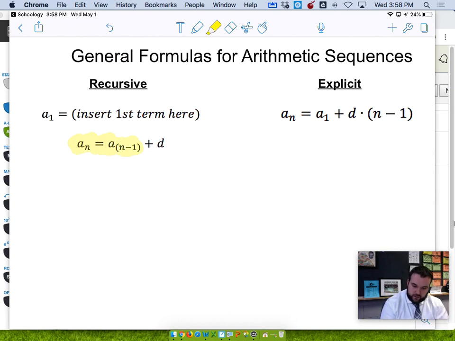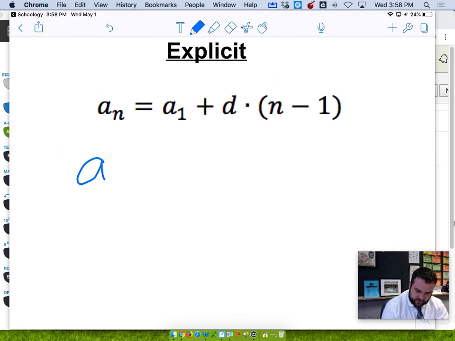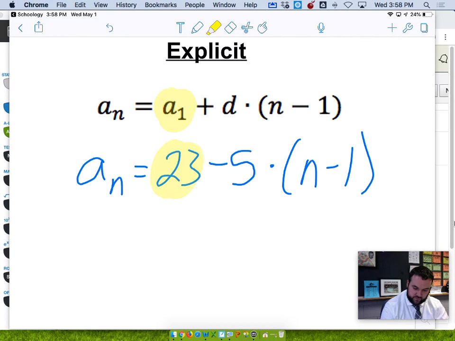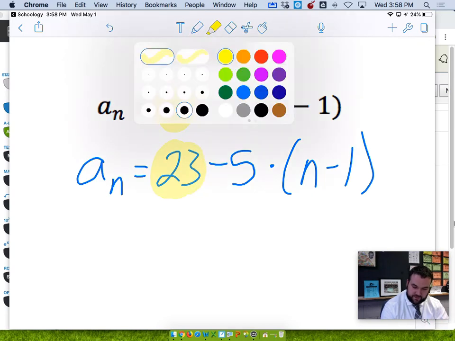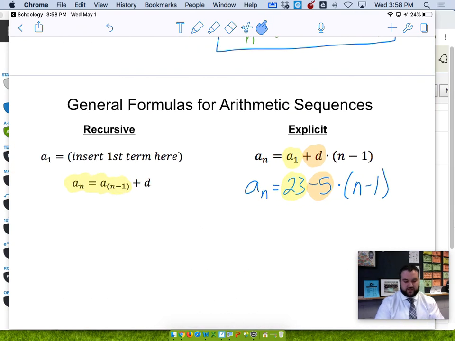And for the explicit formula we just wrote, a sub n equals 23, because that was the first term, minus 5, which was our common difference, and then we always multiply by n minus 1. So the first term is right there, and the common difference, which we call d, is right there. In this case, we're going down 5, so that's why it's minus 5.